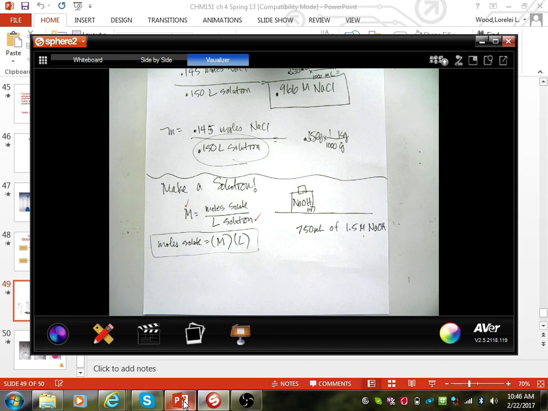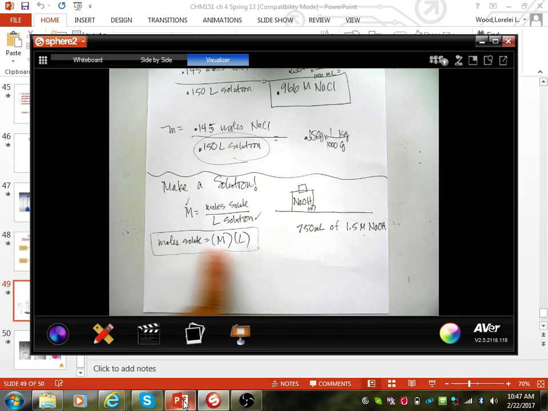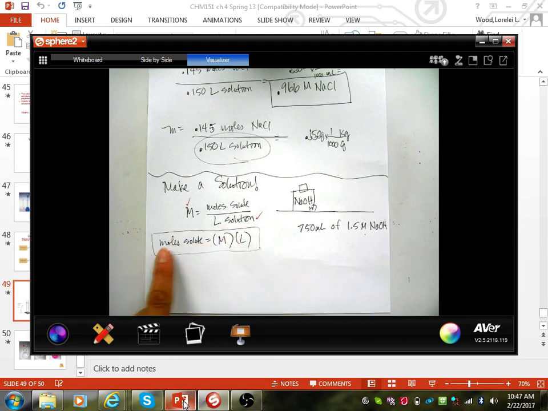If you've got a volume and a concentration, from those two pieces of information you can get to moles. Now you can't count out moles, but once you get to moles, what can you convert to that you can measure? Grams. So this is one iteration of this formula that you're going to use significantly in this course, so just right now commit it to memory.